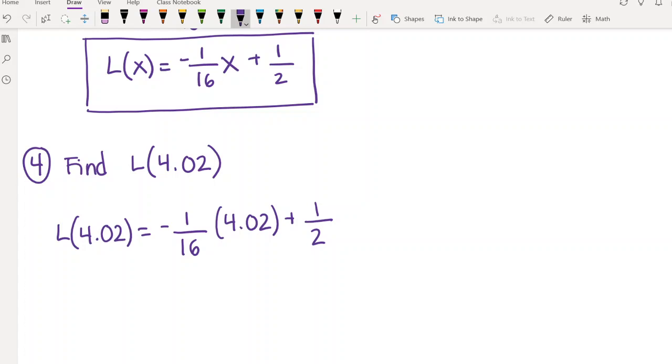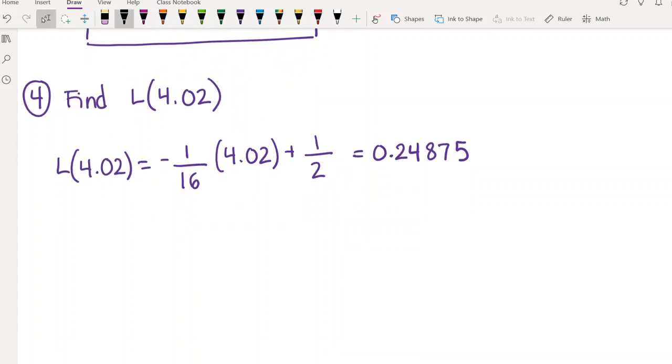So if you were to figure out what this all is, you get 0.24875. So that's what you'd get if you were to actually calculate this. And so what is the actual value?